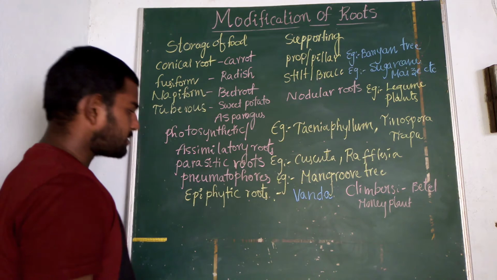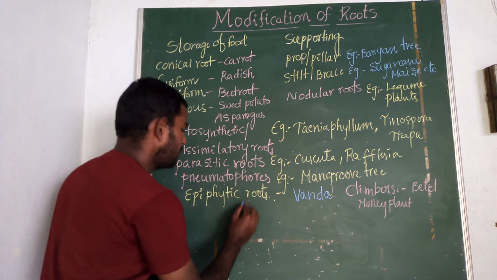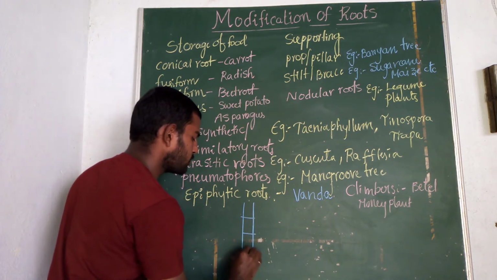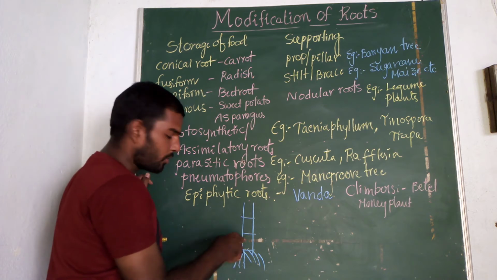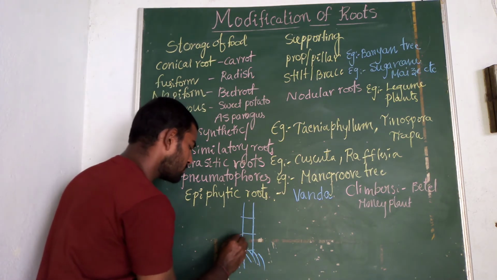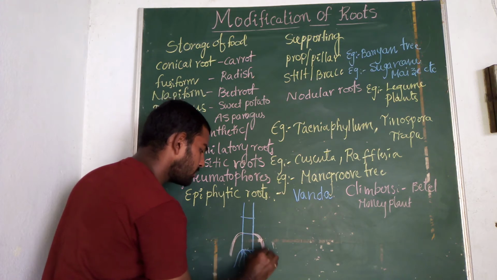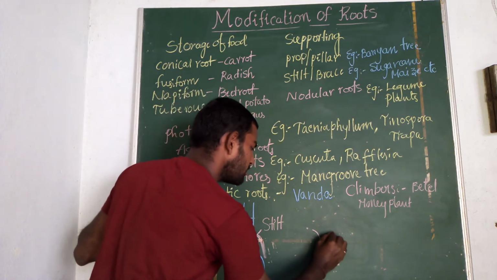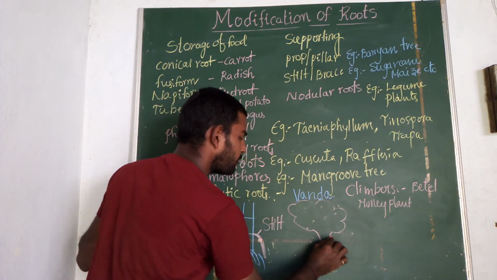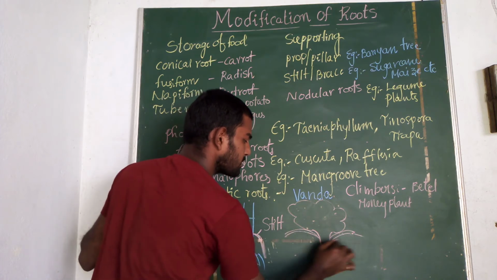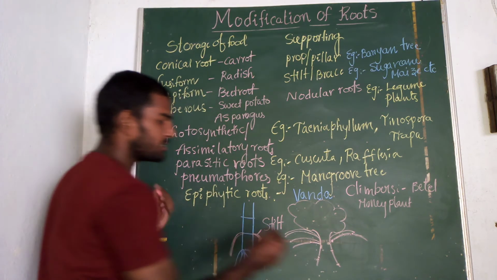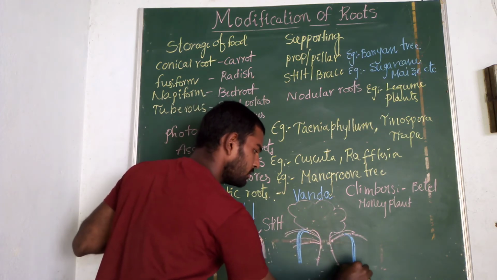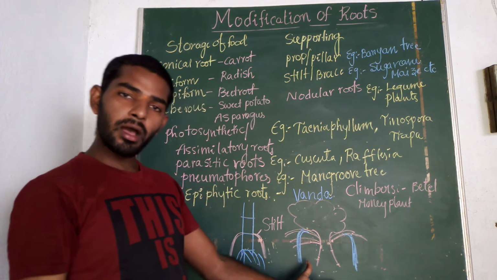For your understanding, I am showing a stem of the sugarcane having the fibrous root system. Here the lower node has roots which give support to the plant. These roots are called stilt roots. Even the banyan tree is a big plant with a number of branches. These branches form adventitious roots, which come in contact with the soil and act as pillars, supporting the plant.